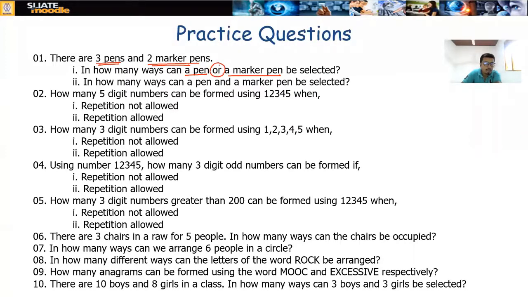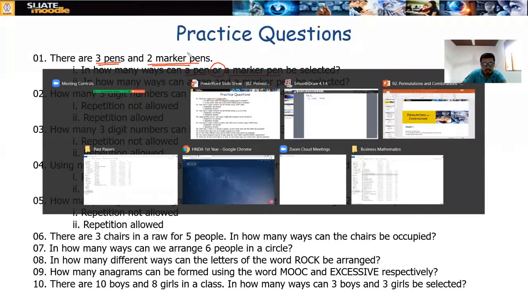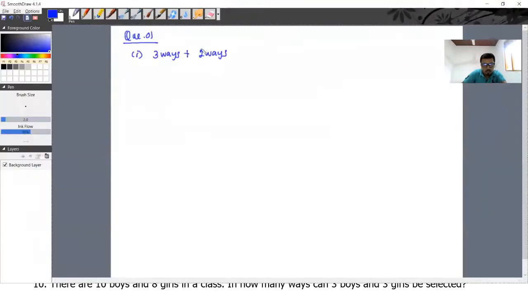If we have used the term or, what we need to do, addition or multiplication? Yes, we need to add. So altogether, how many ways should there be? There should be 5 ways. This should be the answer for part number 1.